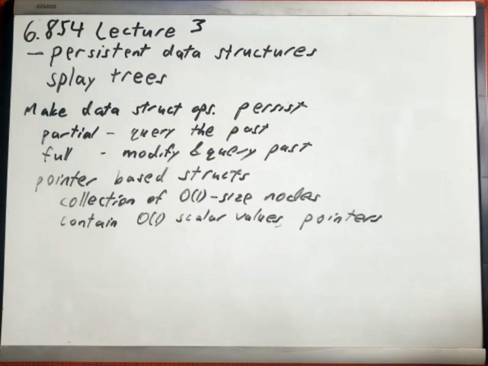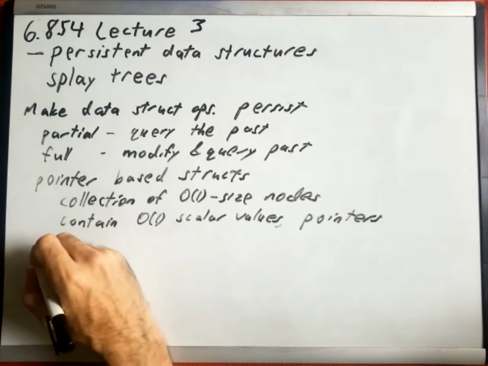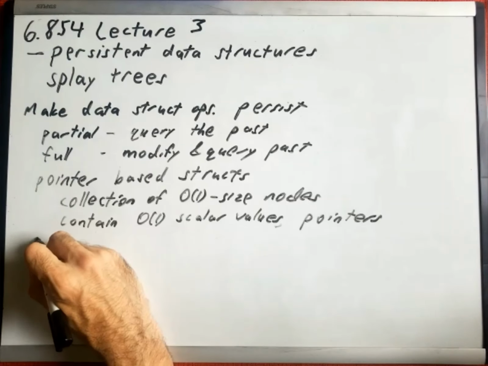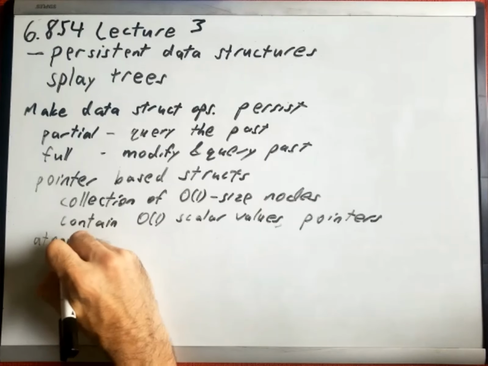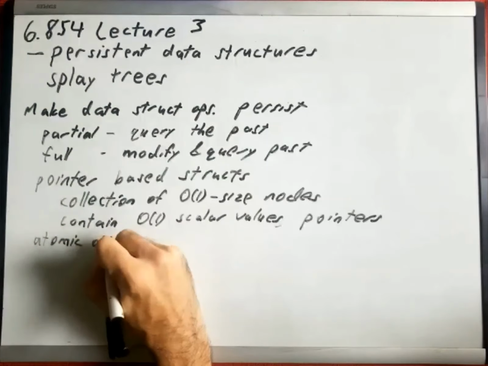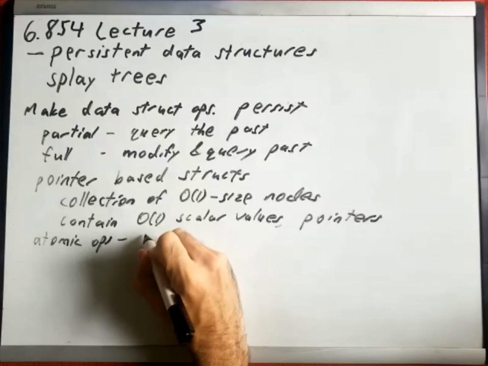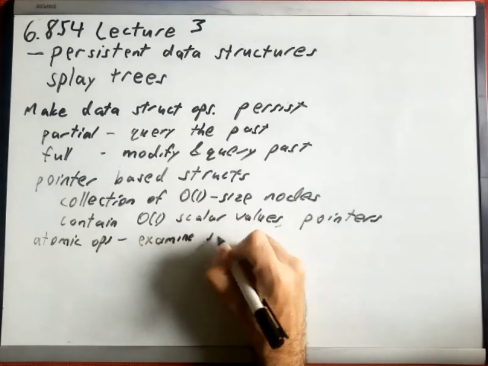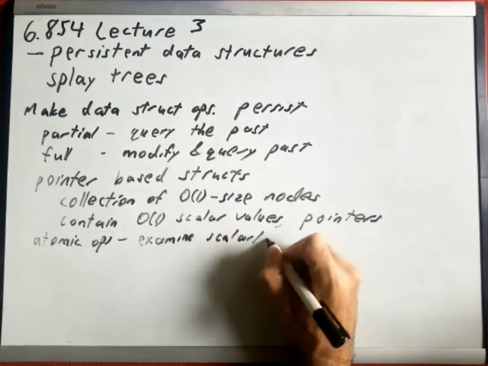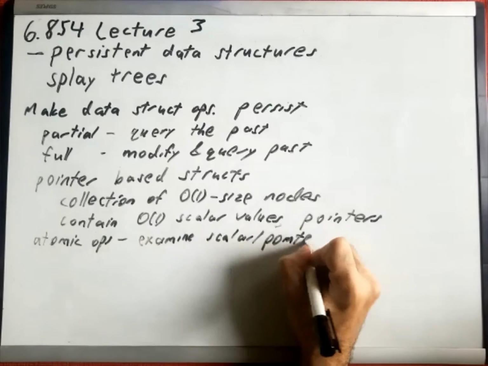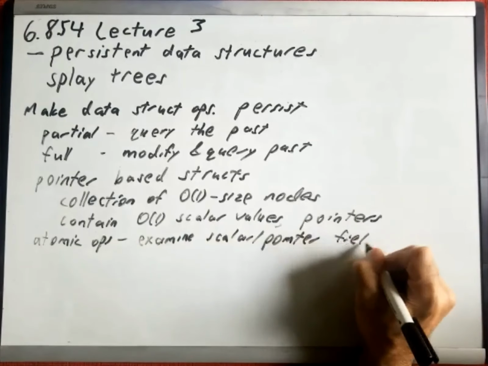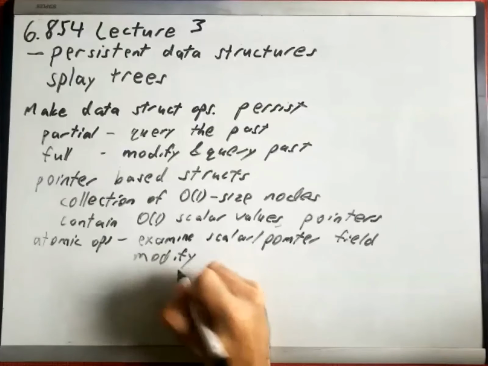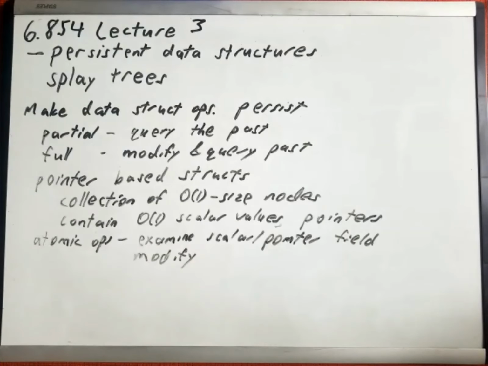And so we're going to talk about a general technique to make the atomic operations on such a data structure persistent: examining a scalar or a pointer field from one of the nodes, or modifying one of those values or pointers.